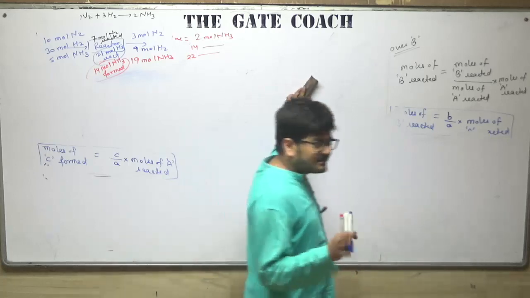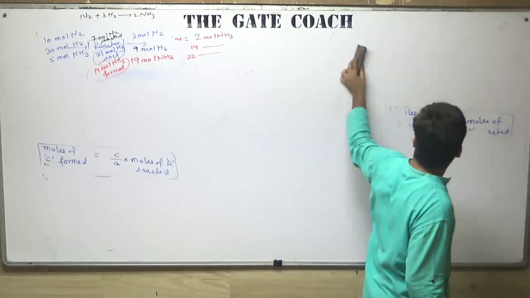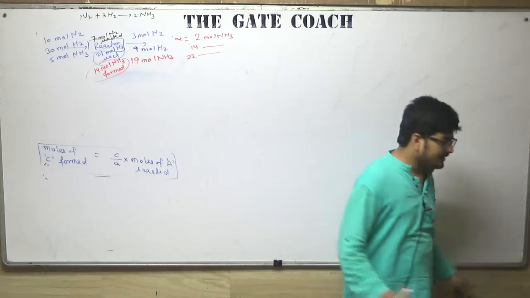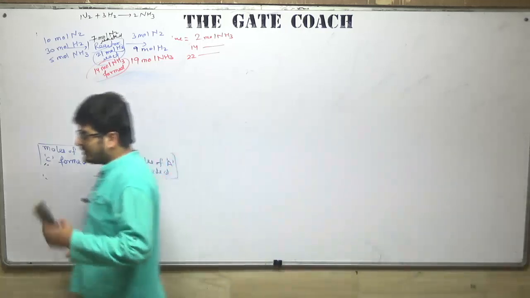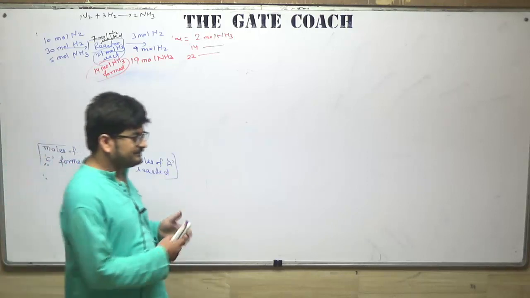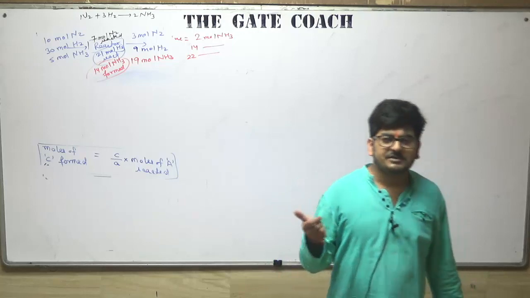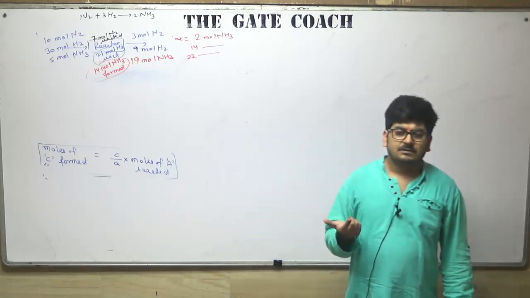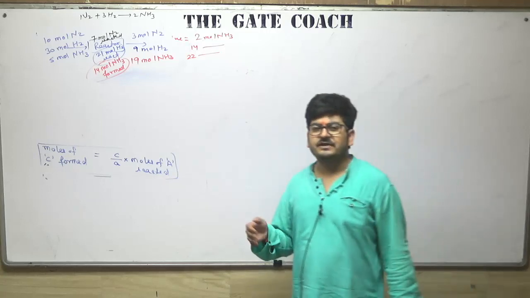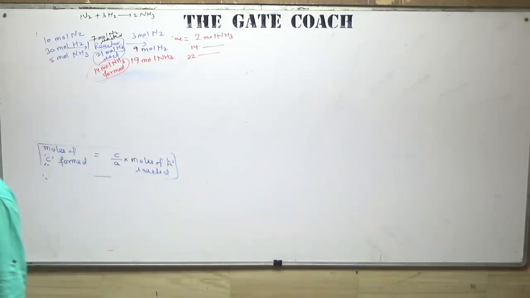Remember that the GATE exam is very easy. Anyone can get a good rank in GATE exam. But the only thing is you have to follow the basics. And what is basic? The very simple rule. If you are able to understand and define the meaning of each and every term which we are using in chemical engineering, then you can do anything.